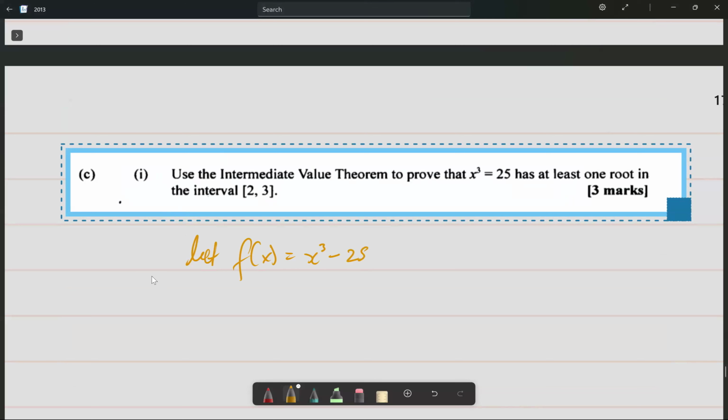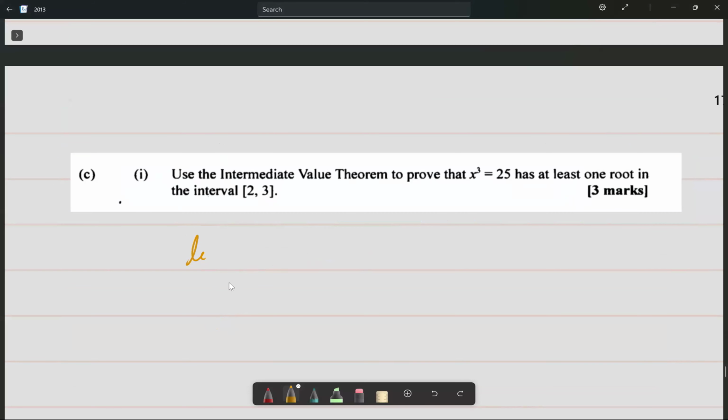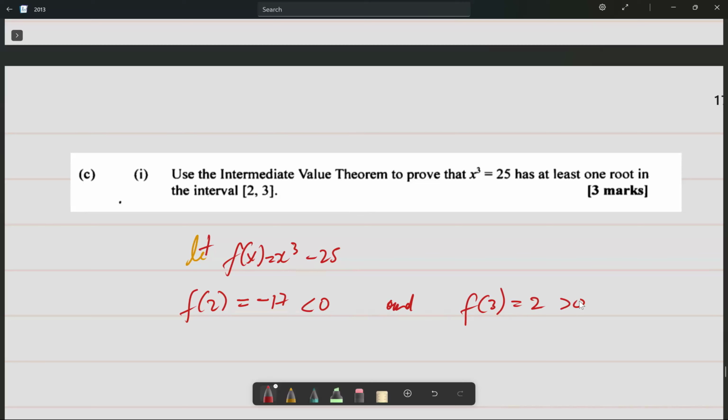For intermediate value theorem, all I have to do is just check between these two ranges. We plug in 2 and we get negative 17, which is less than 0. And f of 3 is equal to 2, which is greater than 0.